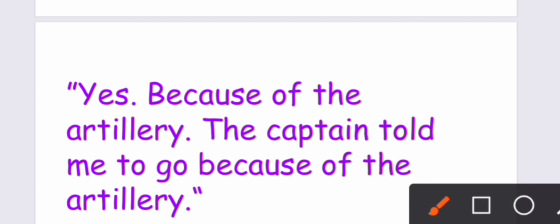The captain told me to go because of the artillery. So learners, I hope you have understood it. Now, this time we have changed indirect speech to direct one. So the changes of verb was just the opposite, just the reverse to the first one, that is direct to indirect one.